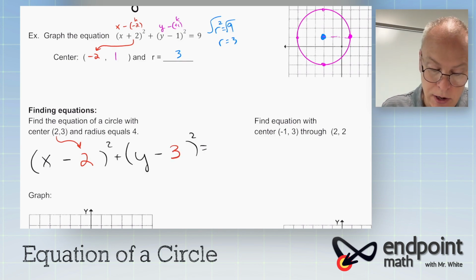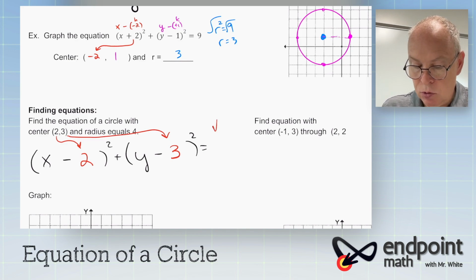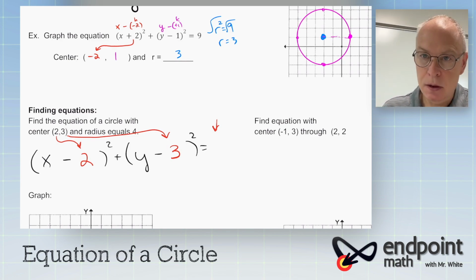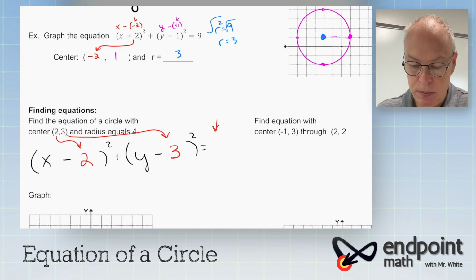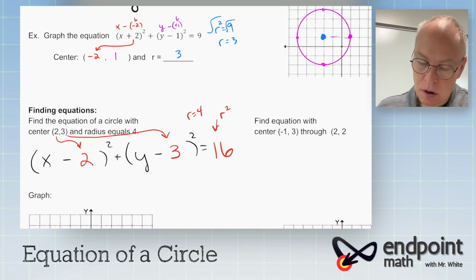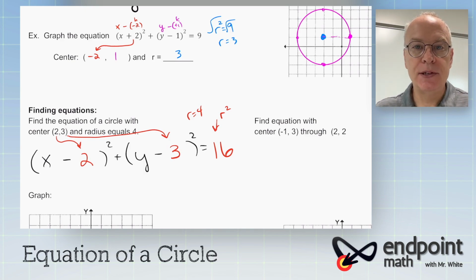And then over here, we're going to put a 3 for the y coordinate. Now, I was working with some students today on their assignment, and they were writing 4 there. What's wrong with writing 4 there? We're supposed to write r squared, and if r equals 4, then we have to write 16 there, 16.